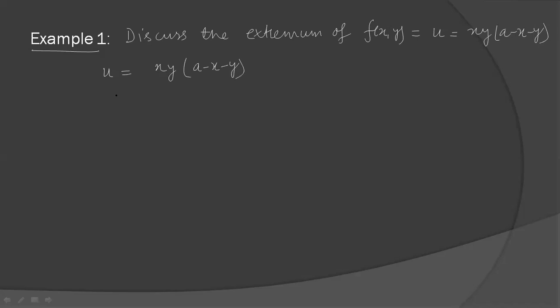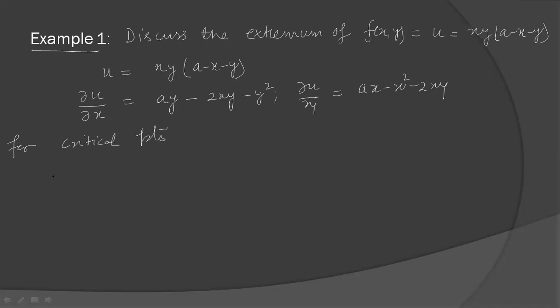Now del u by del x or del f by del x, meaning is the same. So del u by del x is ay minus 2xy minus y square. Del u by del y is ax minus x square minus 2xy. For critical points, we put del u by del x equal to 0 and del u by del y equal to 0.